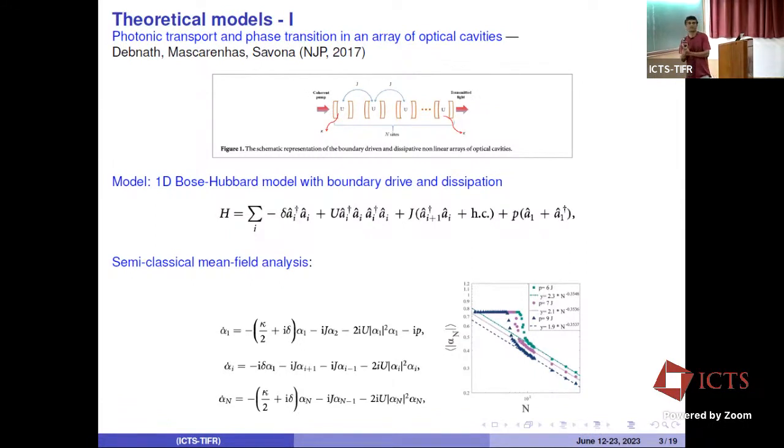So this is a model of interacting photons. In this paper, of course, you can write a Lindblad equation, but they did a semi-classical analysis of the mean fields of these various amplitudes, and they saw some of the signatures of the sharp transition seen in the experiment.